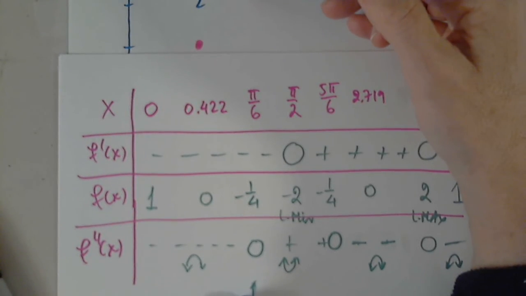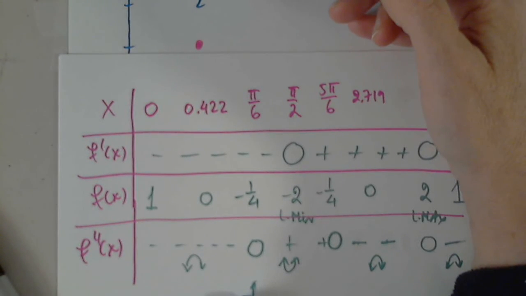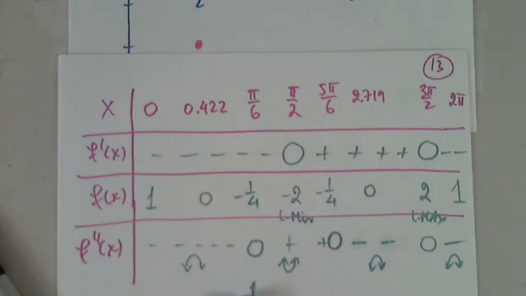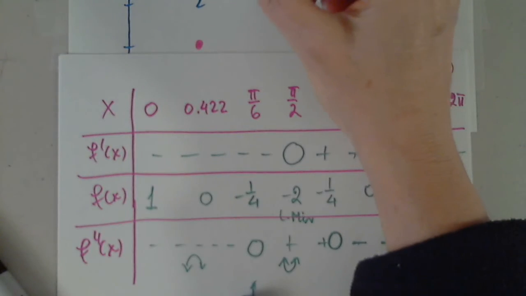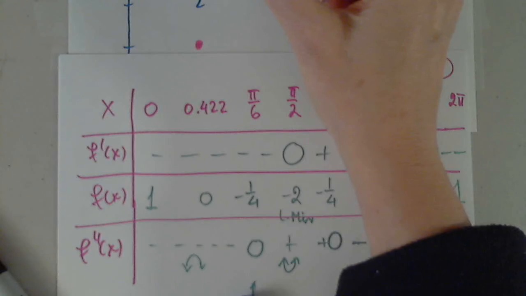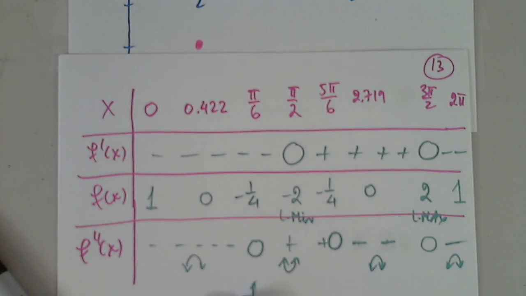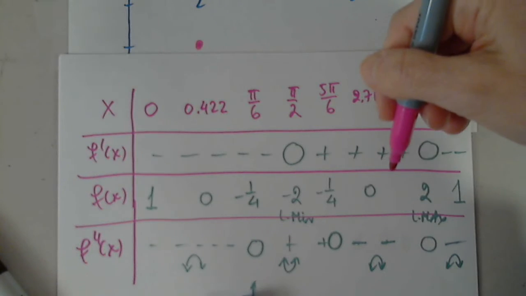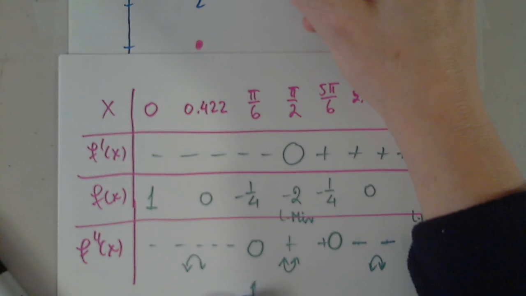So pi over 2, 5 pi over 6 is closer here. This is the point, 5 pi over 6. Closer to pi. 30 degrees or pi over 6 away from pi. Yeah, finding these points correctly is, okay, so 2.71 is the x-intercept.